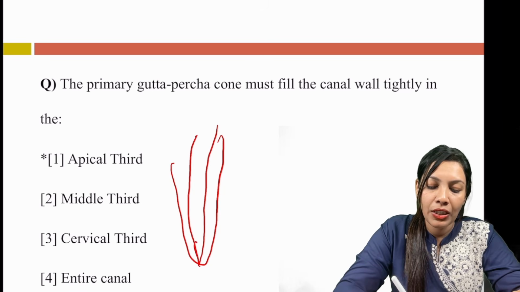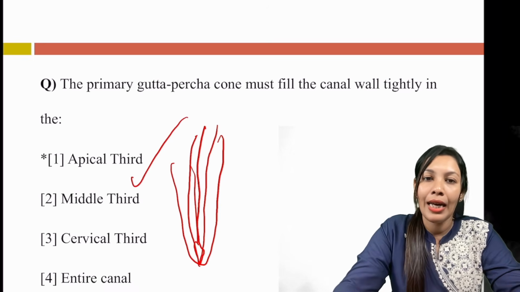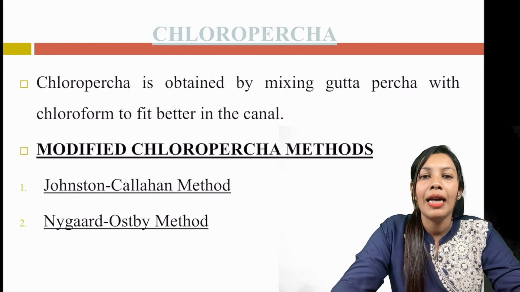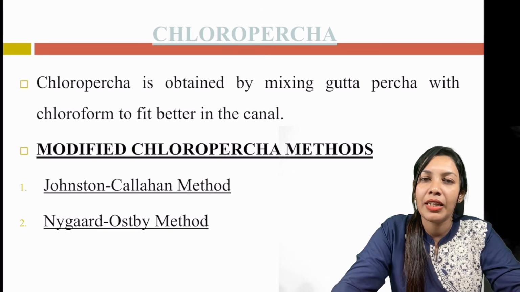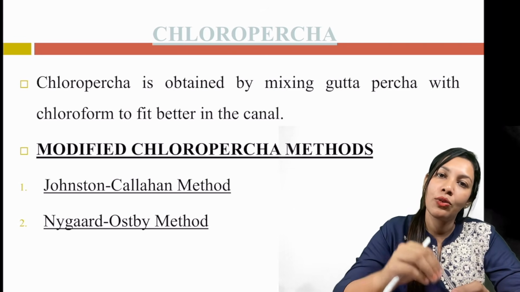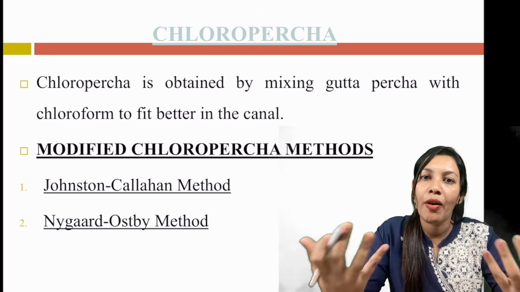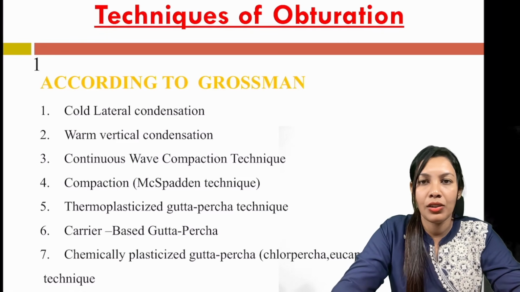So the gutta percha which we place should have a tug back at the apical third of the tooth. As I said, what is chloropercha? Chloropercha is obtained by mixing gutta percha with chloroform, and we fit it into the canal. Once the chloroform evaporates, it sets to form the gutta percha structure.